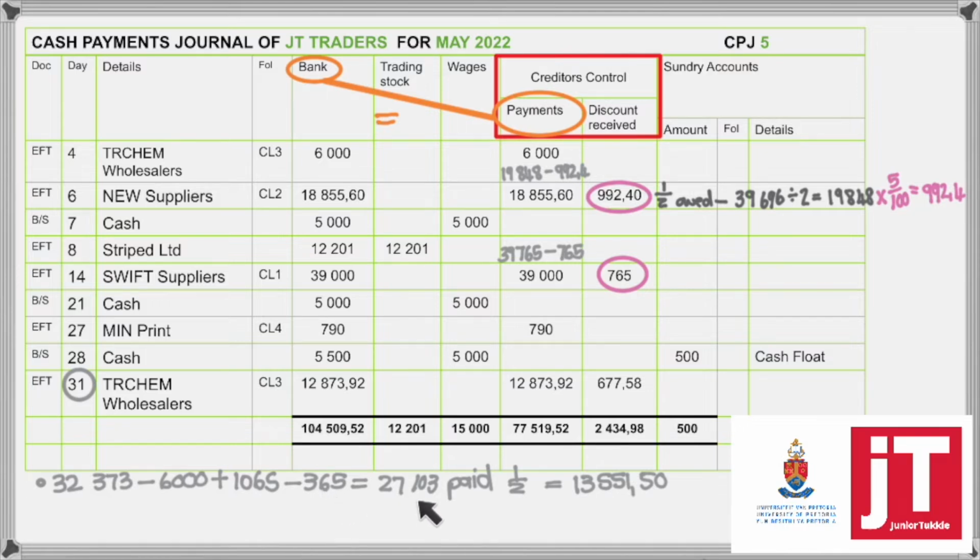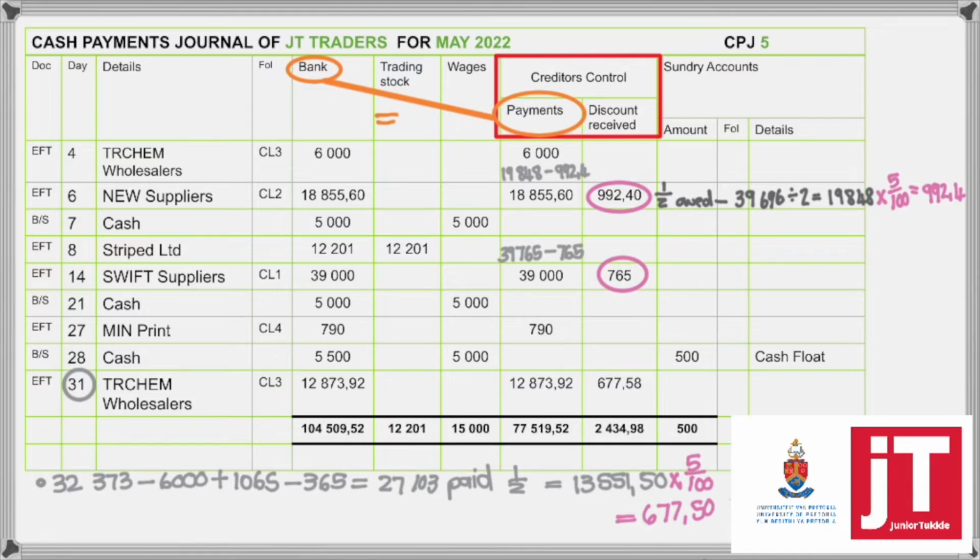So to date, we owe 27,103 Rand. We paid half of that. So we need to pay 13,551 Rand 50 cents. However, they were kind enough to tell us that we get a 5% discount on half of what we owed.